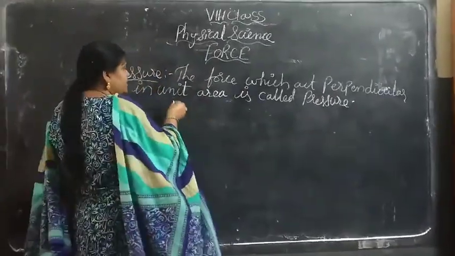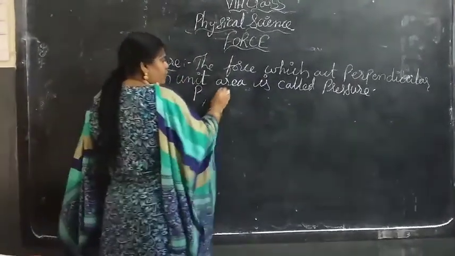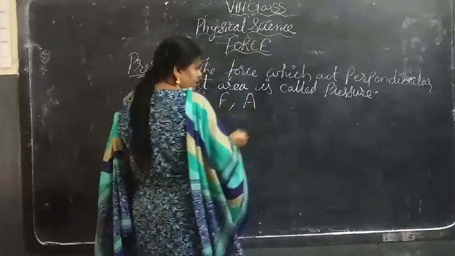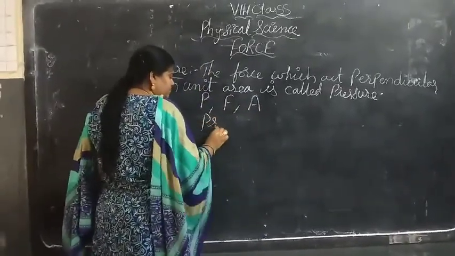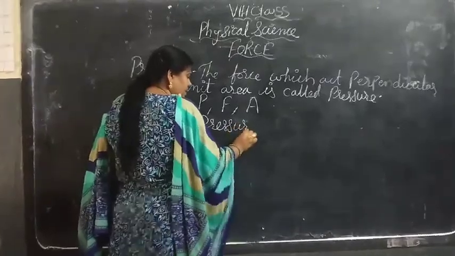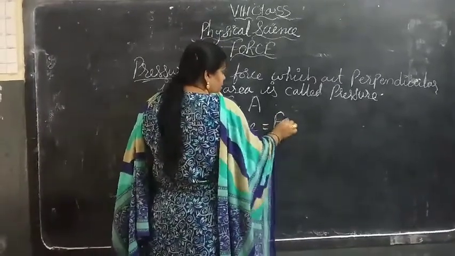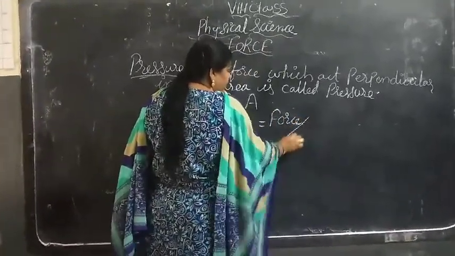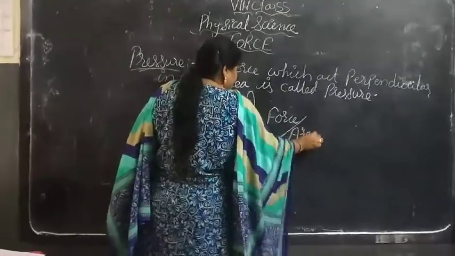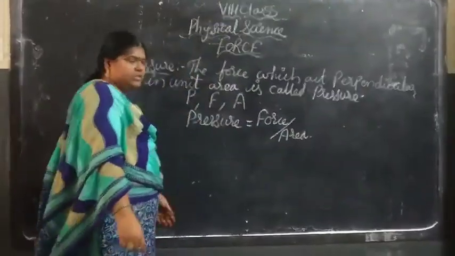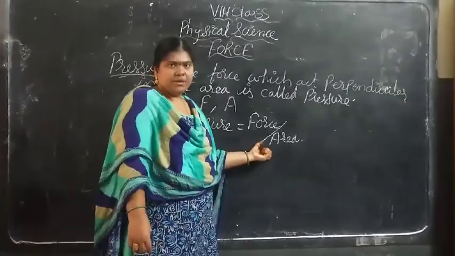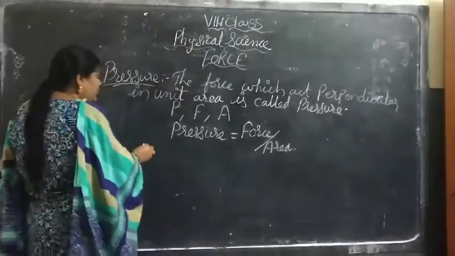What is the relation between pressure, force and area? Pressure is equal to force by area. So it is the total force acting on the object and the area. Then what is the unit of pressure?